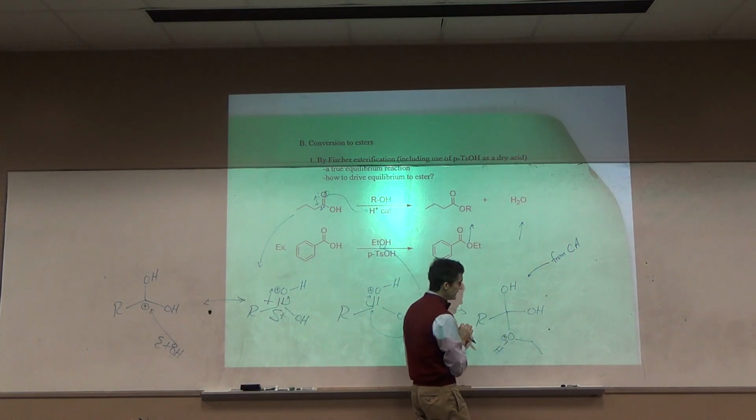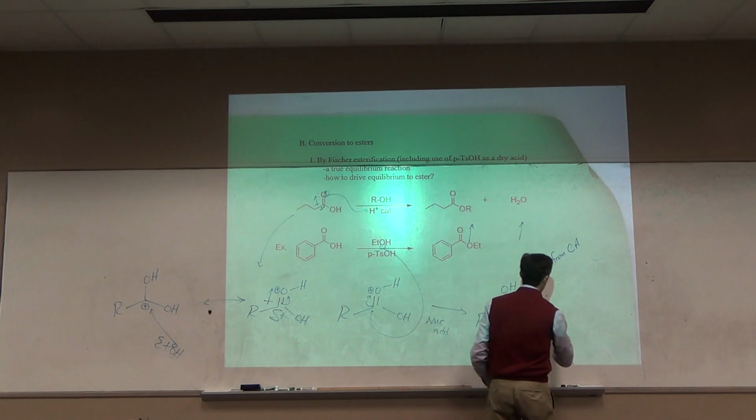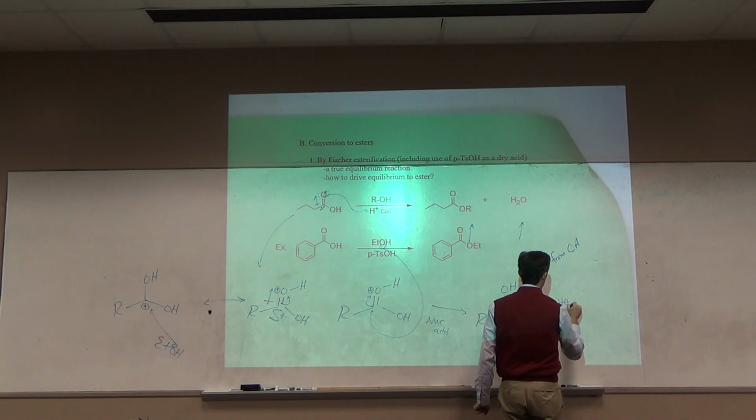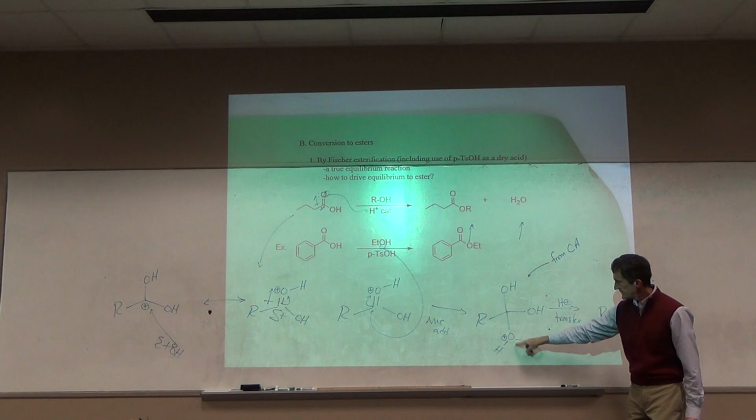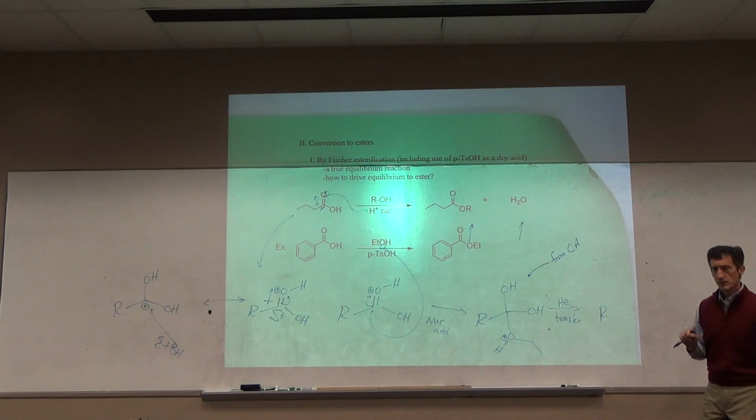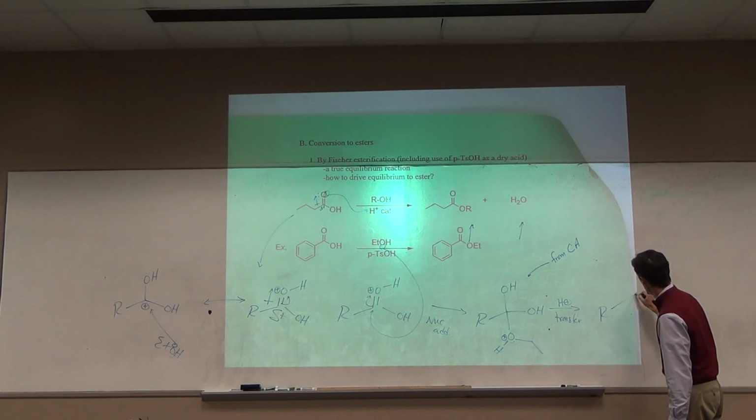All right, what do we need to do here? We need to kick off one of these oxygens and have this one there instead. But right here, this is the better leaving group. Let's do proton transfer. And let's finish this mechanism up here. That's going to move this H to one of these oxygens. Which oxygen do you want to move it to? Other one.